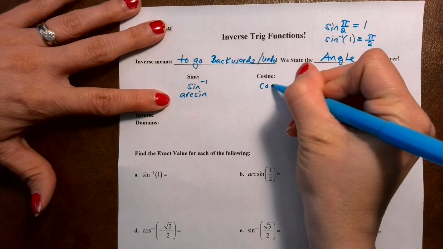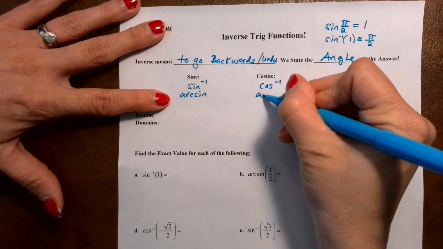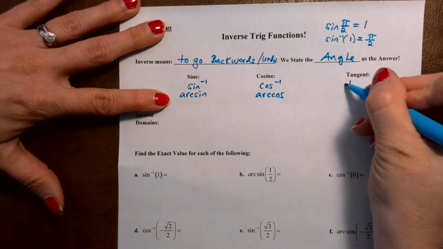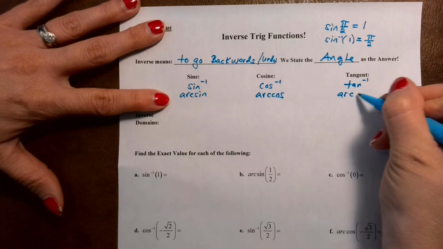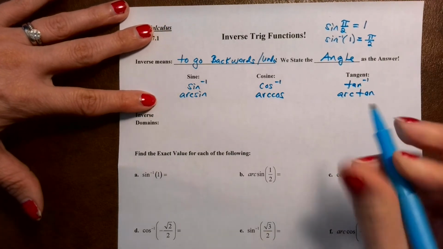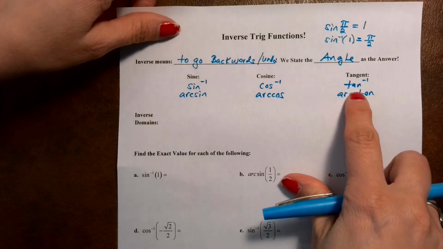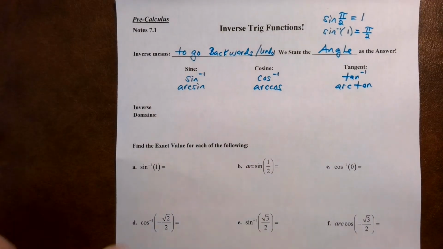Cosine inverse can look like that, or it can look like arc cosine. Tangent inverse can also be known as arctan. It's the same thing. If I see arctan, sometimes I'll even just write it as tan inverse, just so it looks usual.